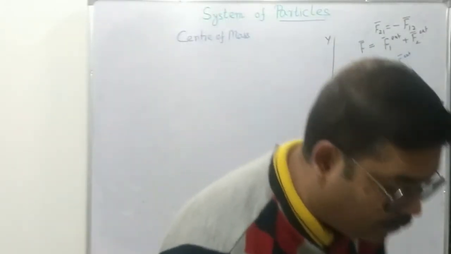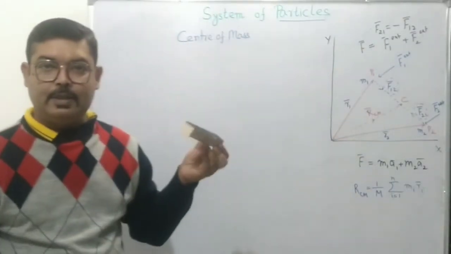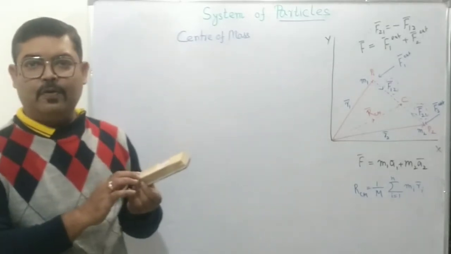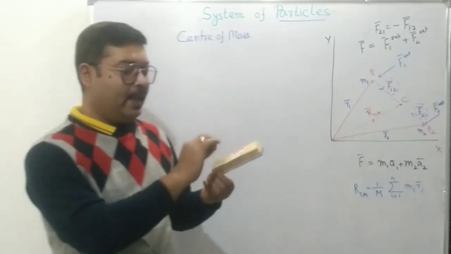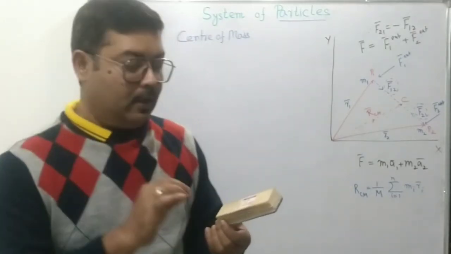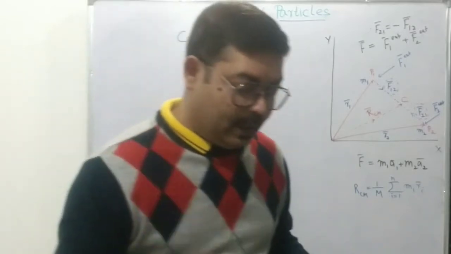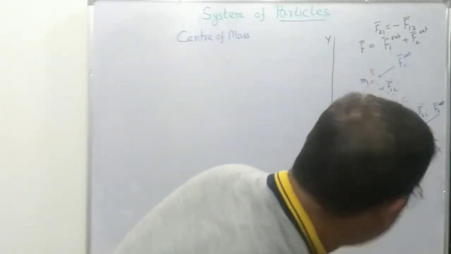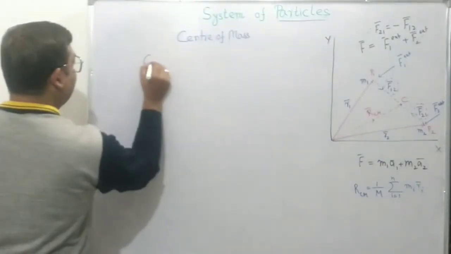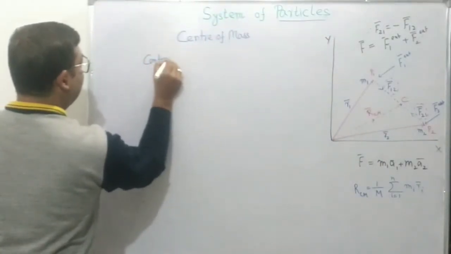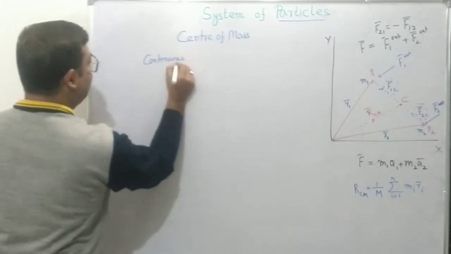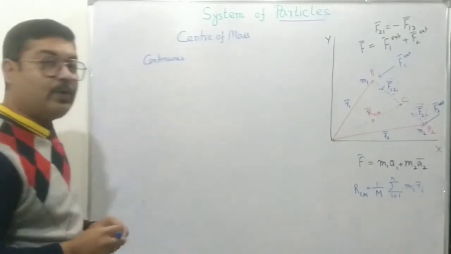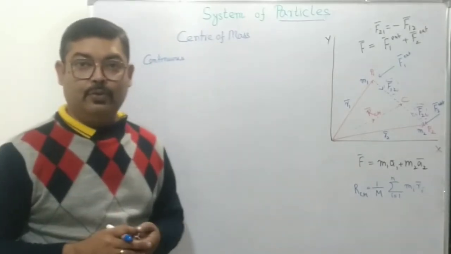Instead of this, if we had a continuous mass distribution like this duster, you can see here it's difficult, so many particles are there, it is not possible for us to find the position vector for each and every point and to find the masses of each and every particle. So instead of having discrete mass distribution, if we have a continuous mass distribution, then what are we going to do?